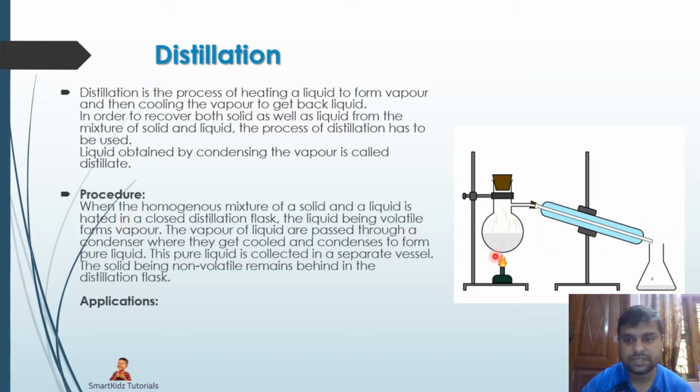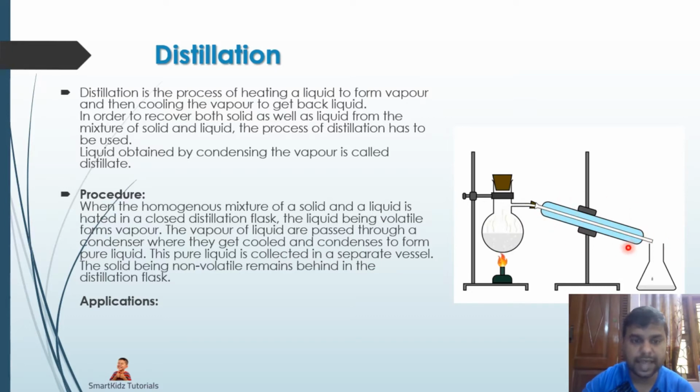So this liquid consists of a homogeneous mixture of solid as well as liquid. It is heated in what we call a distillation flask, and the liquid being volatile, that means its ability to get converted into vapors, gets vaporized. The vapor of the liquid is passed through what we call the condenser. So this part is referred to as a condenser.